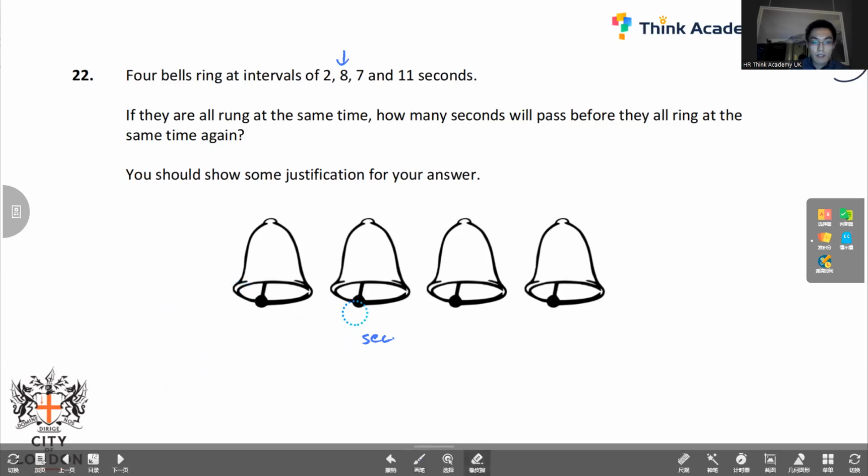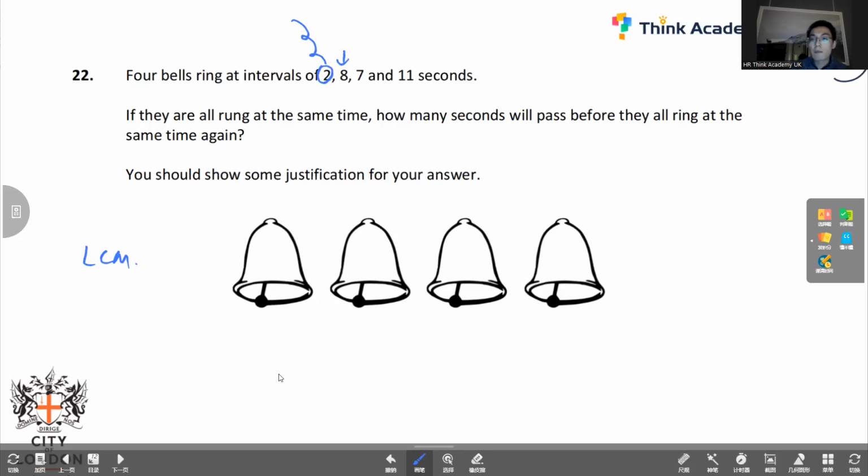So knowing this, let's try to find the lowest common multiple of the 4 numbers, 2, 7, 8, and 11. We don't actually need to consider 2 because 8 itself is a multiple of 2. So any number that is a multiple of 8 will definitely be a multiple of 2. So throw the 2 away. Just consider the 3 numbers, 7, 8, and 11.